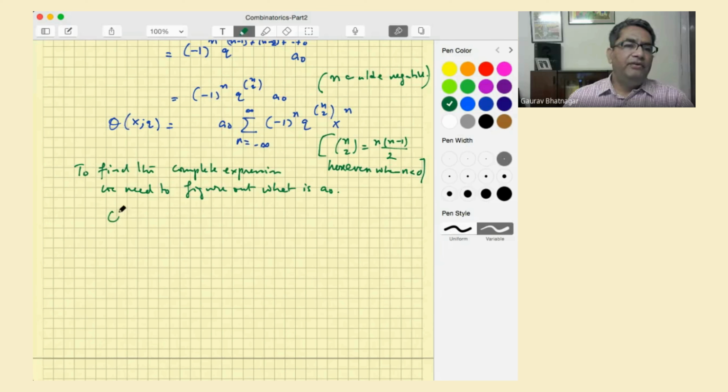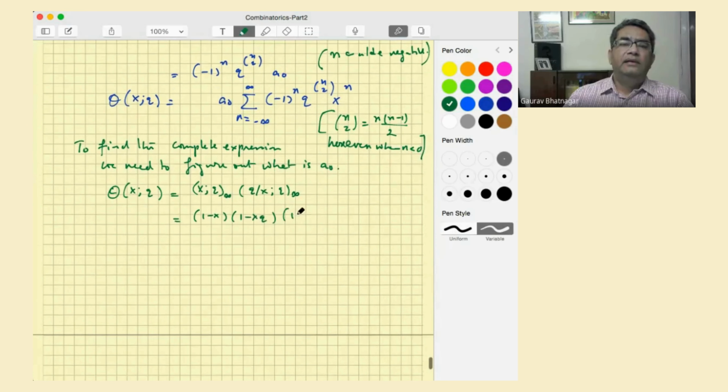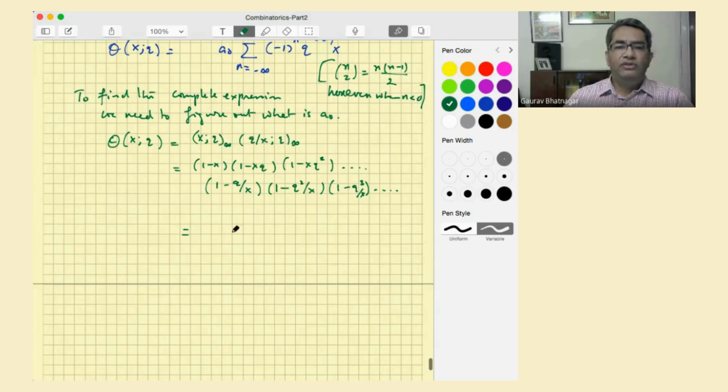So we have to figure out this guy. I'll just write it out again. So this is (x q; q) infinity and (q by x; q) infinity, and let me write it out. And what I want is the constant term.